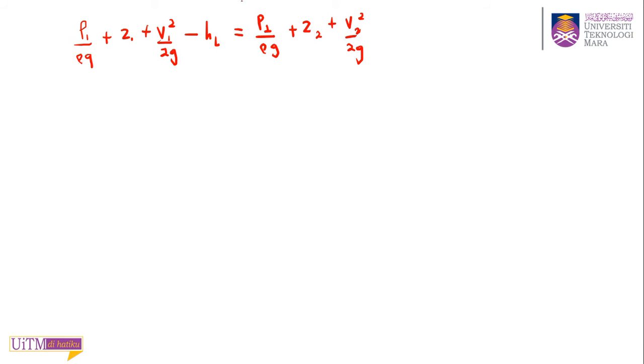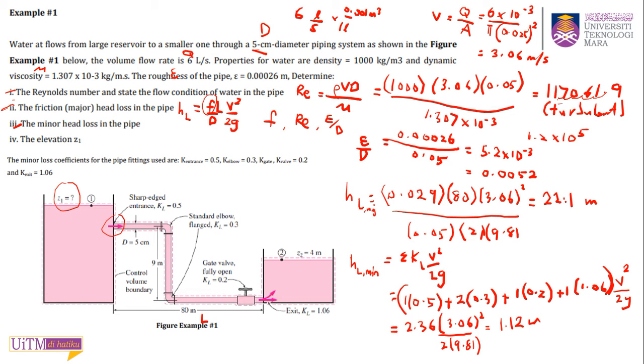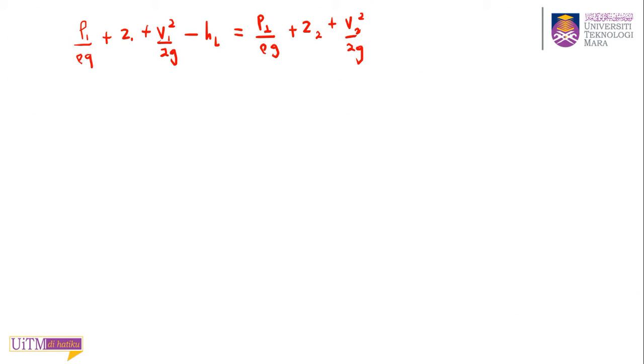So you have your HL, the total HL is 22.1 plus 1.12. Because this is total head loss, you need to add the major and the minor.